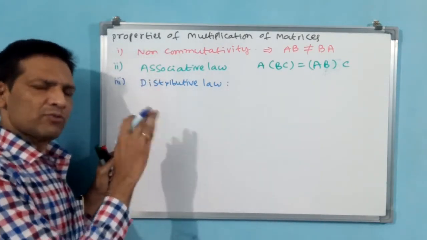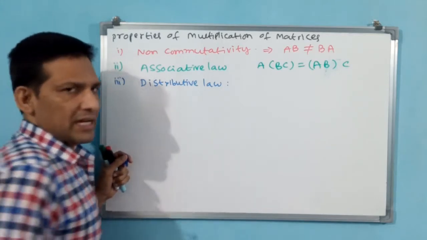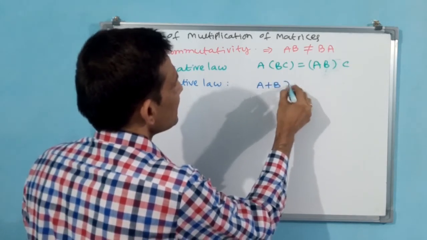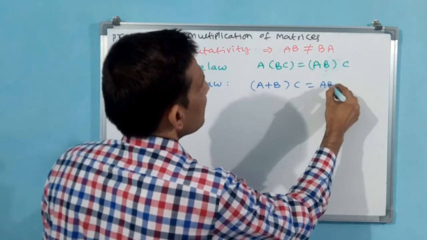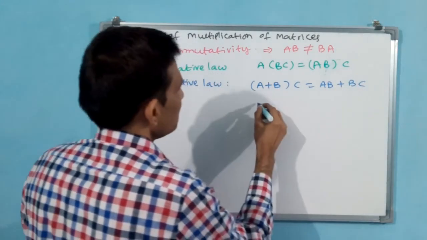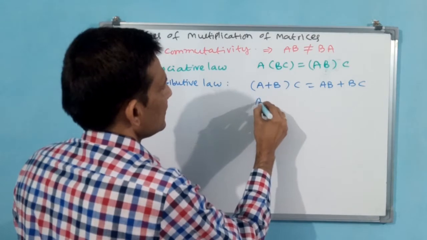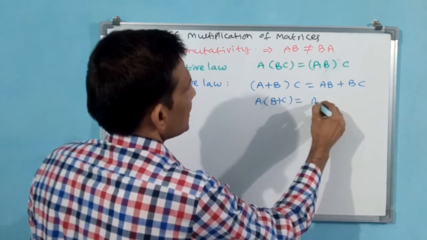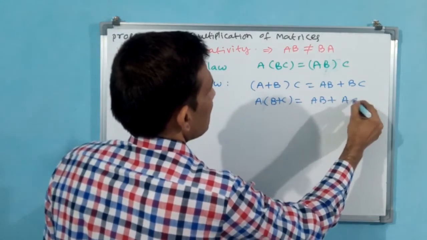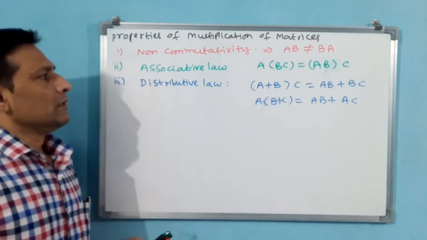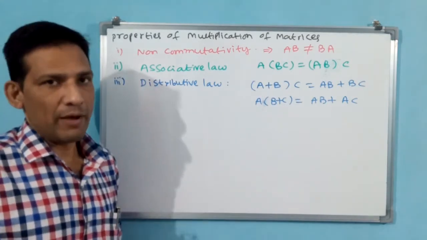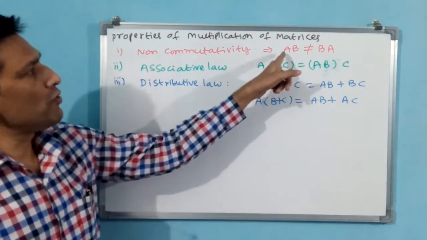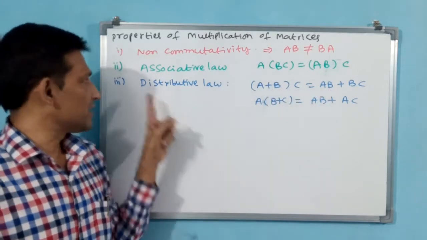More or less we have studied this in multiplication with scalar, again I am doing it. Distributive law contains addition and multiplication both.